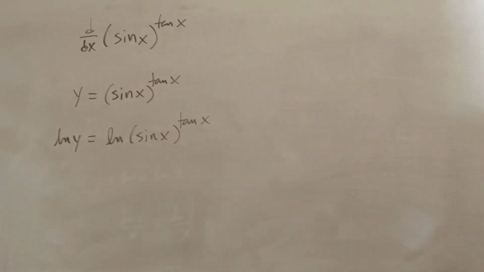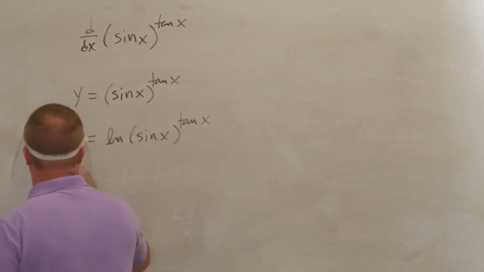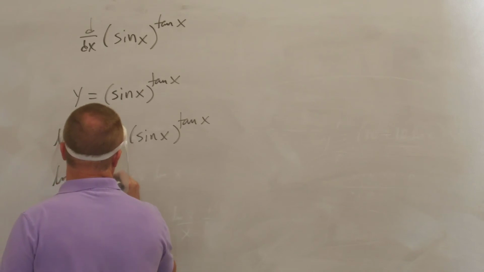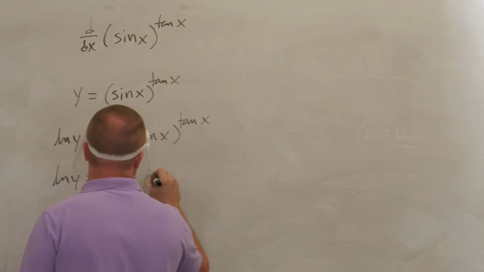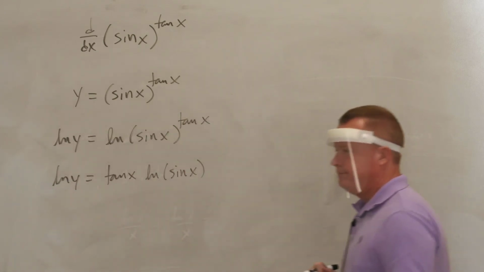Again, by taking the ln of the right side, that enables me to get that tangent x off of that exponent. So now I can rewrite the right side as tangent x times the ln of the sine of x. Okay?